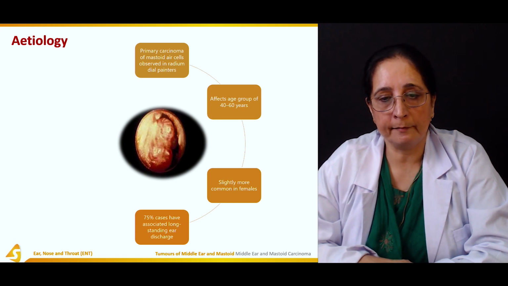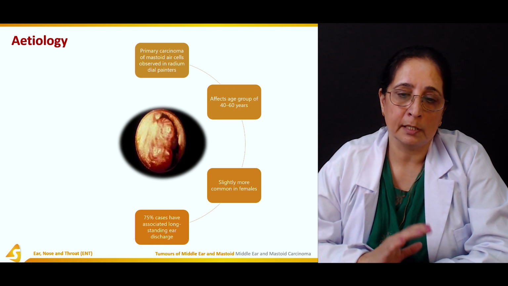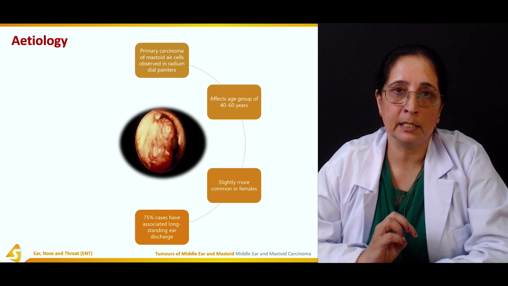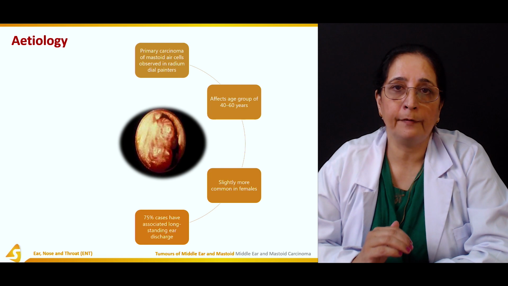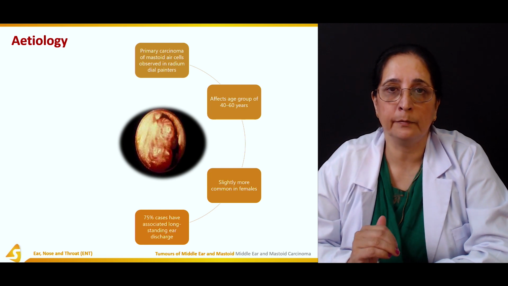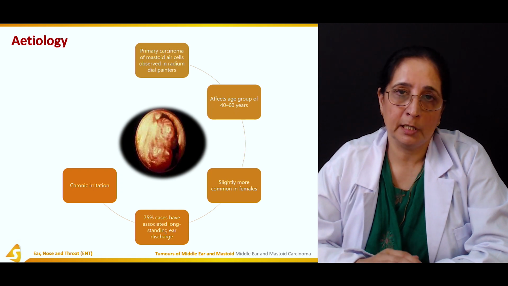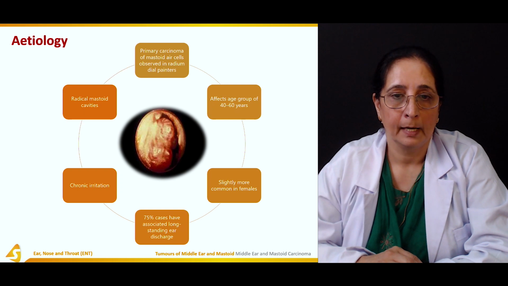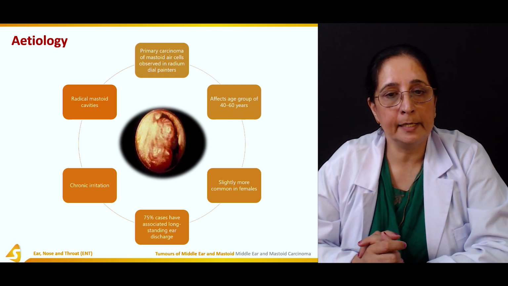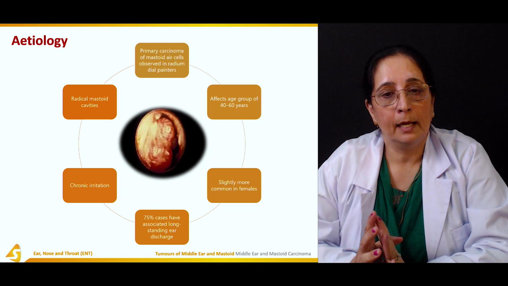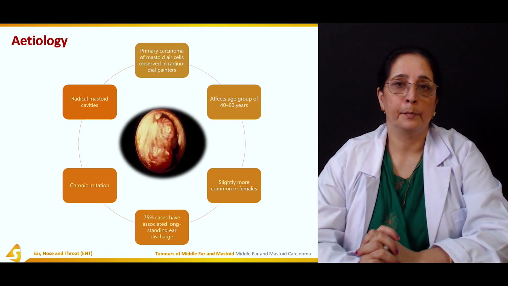75% of cases have associated long-standing ear discharge. So ear discharge is present in about 75% of the cases with the carcinoma. Chronic irritation is present also in patients with the carcinoma, and radical mastoid cavities are present.